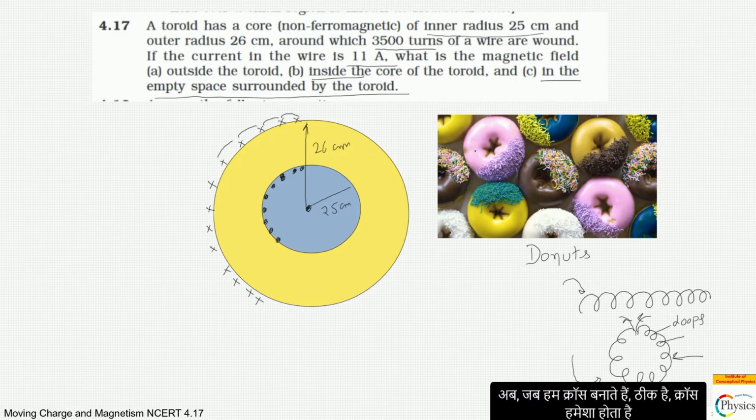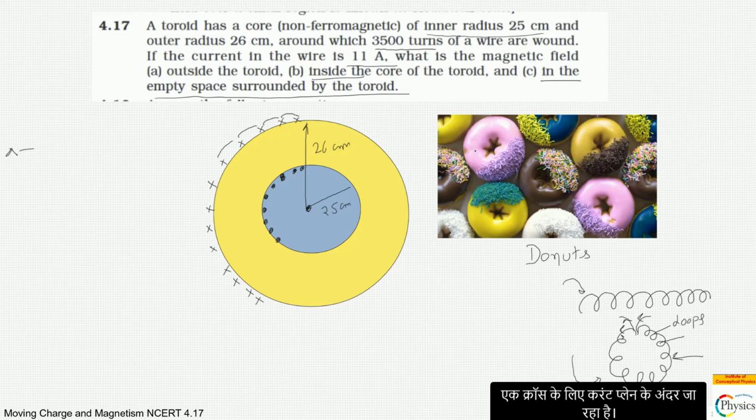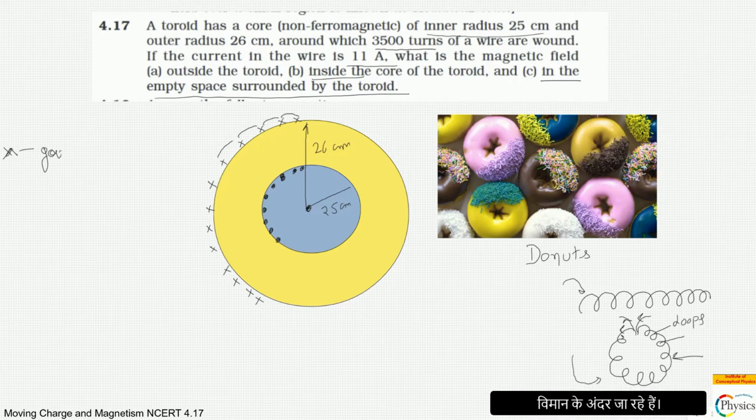Now, when we draw a cross, the cross is the current flowing in the loop going inside the plane. So the current is going inside the plane. And when you show a dot, that current is coming out of the plane.